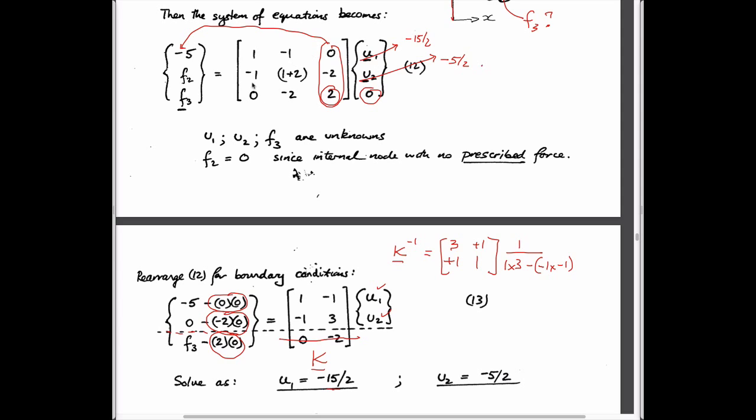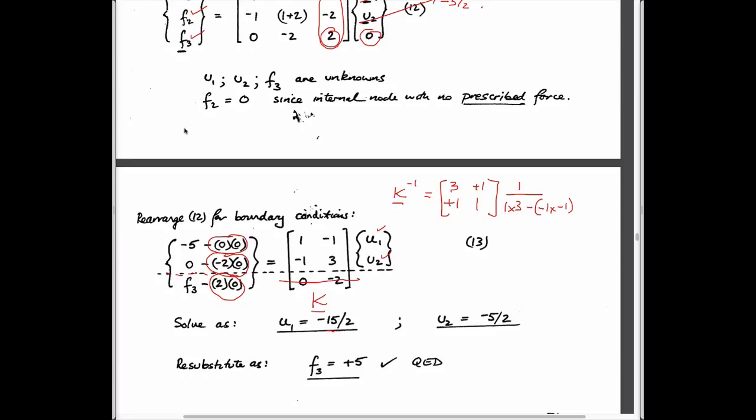So multiplying them by this matrix allows us to confirm that f2 is indeed 0. Well, we assume that this is 0. And we could now calculate what f3 is, which is this reaction. If you go through it, you'll find out that the value of f3 is equal to plus 5.